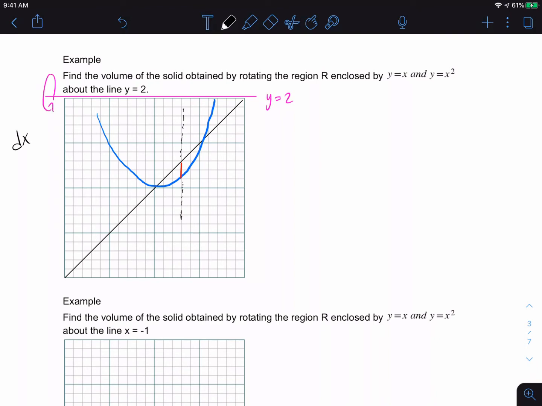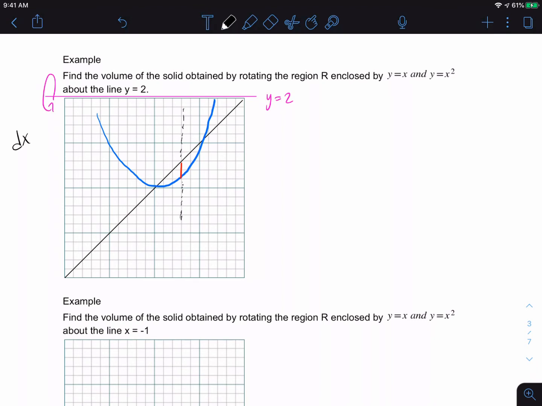Does it cross the x-axis or the y-axis? It crosses the x, and so because of that, it's a dx. Does that make sense? Julian, are we okay with that? Just making sure that you get that. It's important that you get it. Okay, cool.